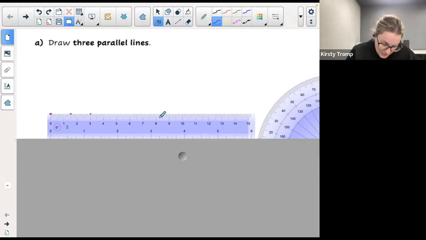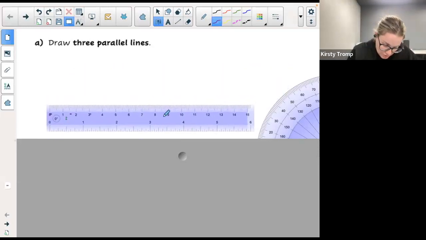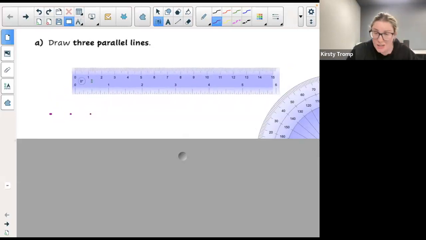Then I'm going to take my ruler and move it a little bit along. You don't have to. You can do it straight above, under, or on the side, however you want to. I'm going to take my ruler again and make a mark at 1 centimeter, 1.5, and 3 centimeters.